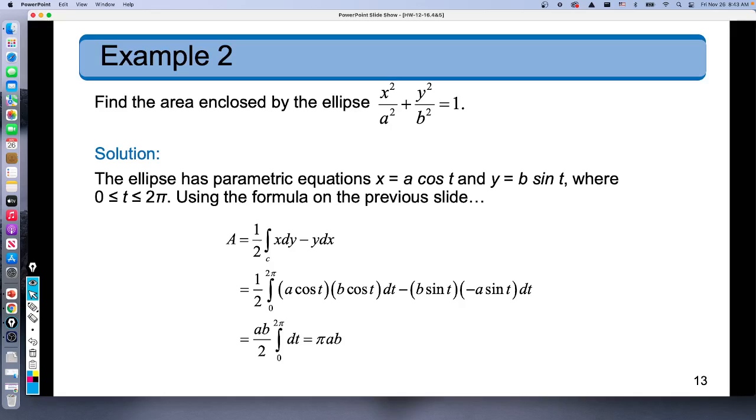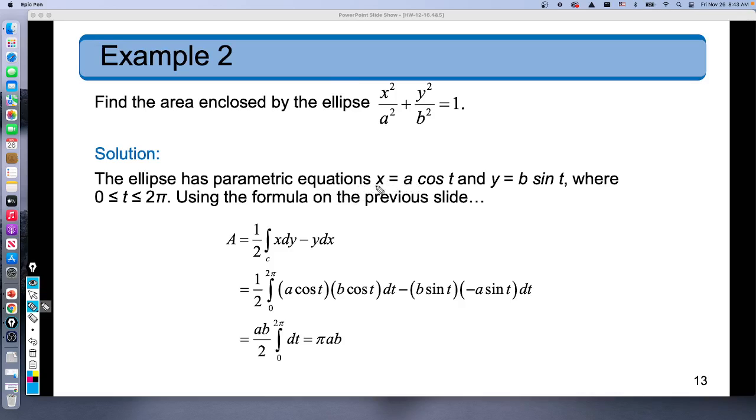And so one example here, I forgot to itemize it, but we'll just talk through this. Find the area enclosed by this ellipse. The ellipse is going to be circular. It's going to be an area.